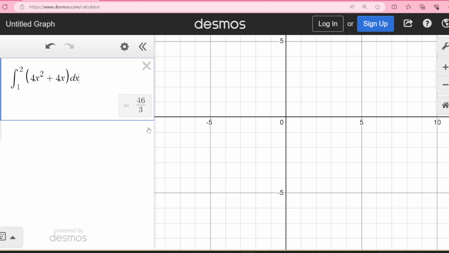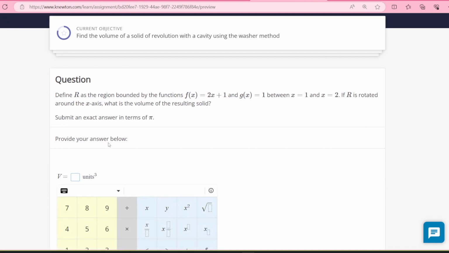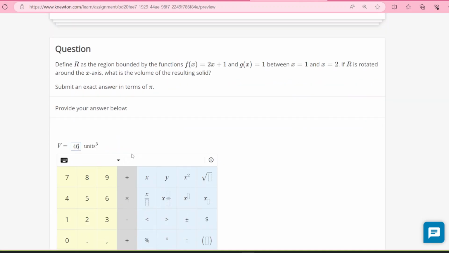The value of that integral is 46 thirds, and don't forget the times pi. So 46 pi over 3 would be the volume of the solid created here, 46 pi over 3.